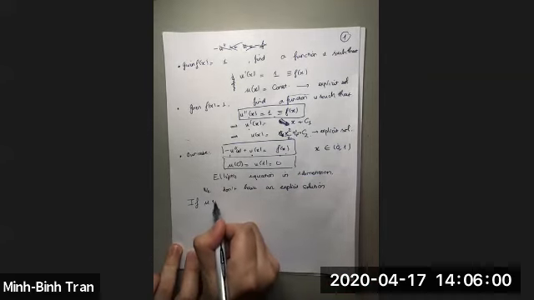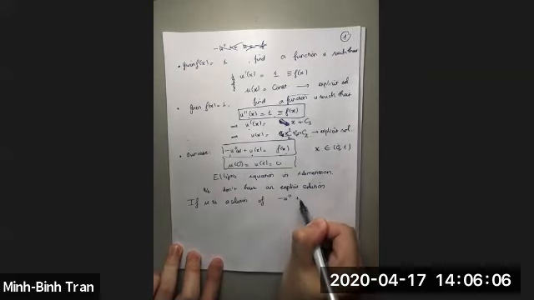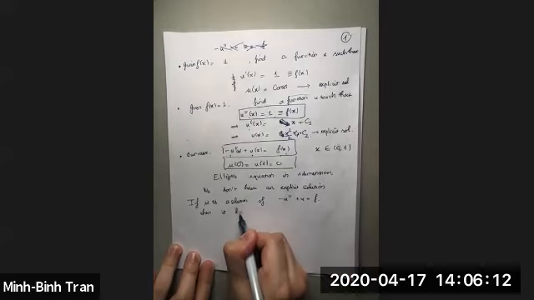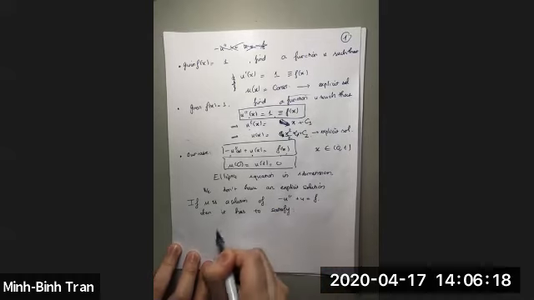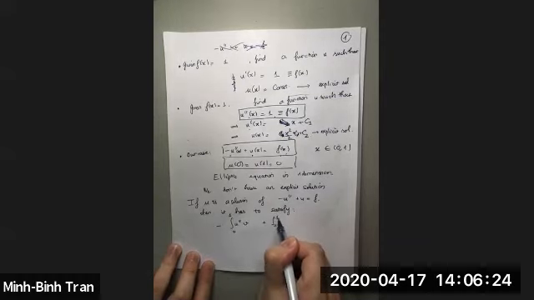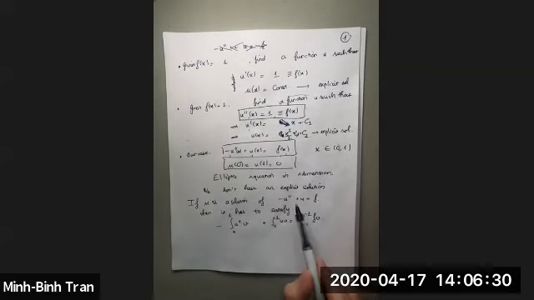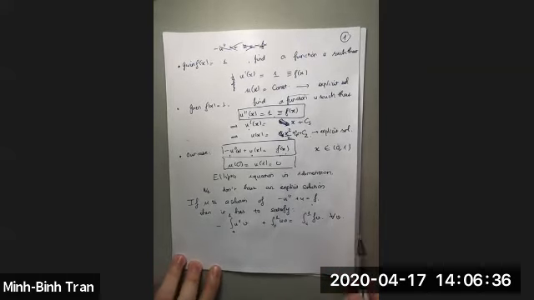If u is a solution of minus u second plus u is equal to f, then it has to satisfy minus the integral from 0 to 1 of u second v, plus the integral from 0 to 1 of u v, equal to the integral from 0 to 1 of f v, right?